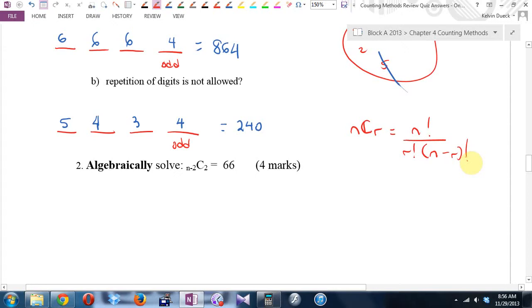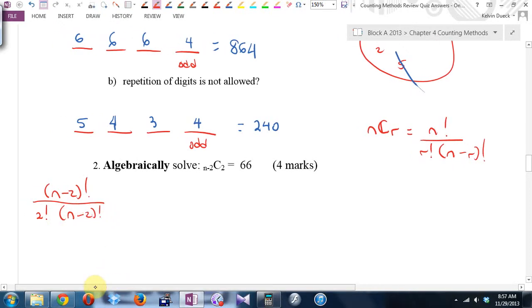Okay, so this is going to be (n minus 2) factorial all over 2 factorial (n minus 2) factorial equals 66.